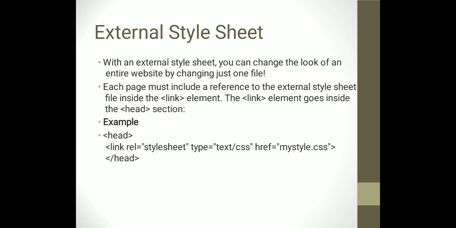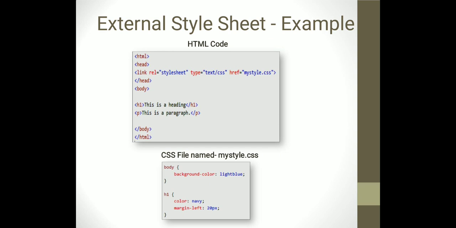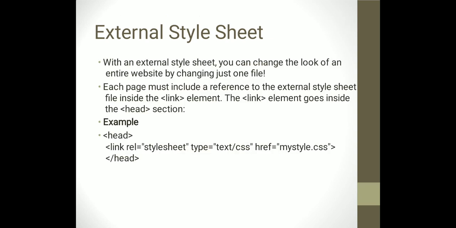Then how these external style sheets and internal style sheets are used, that we will see. The external style sheet here has a head section, and the link is provided as link rel, and the type is text/css, and the link is also provided.